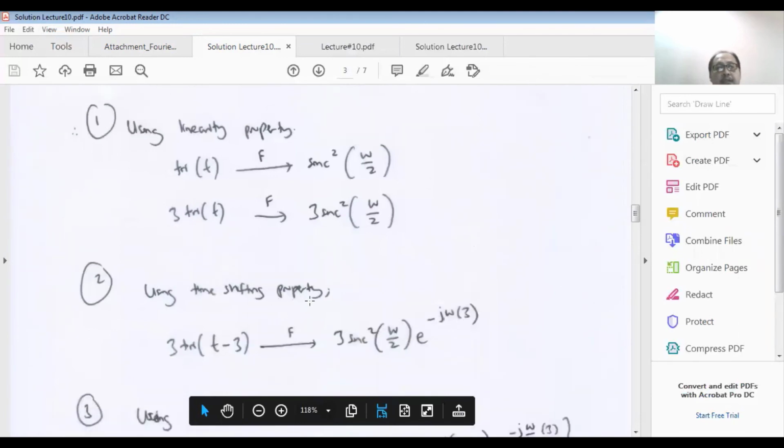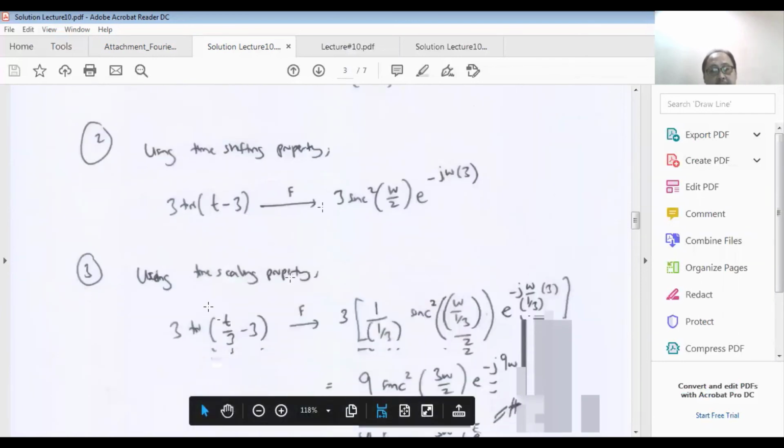Using the time shifting property for 3 triangular T minus 3, you get 3 sinc squared omega divided by 2 times exponential negative j omega 3. The first one just now is the linearity property, the second to be used is the time shifting property, and the third is time scale.